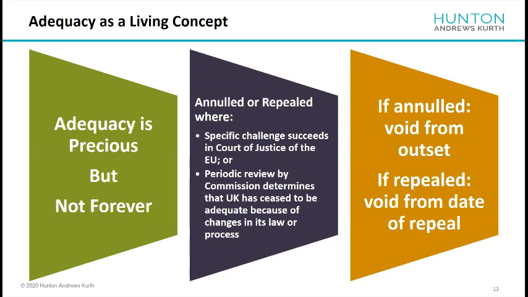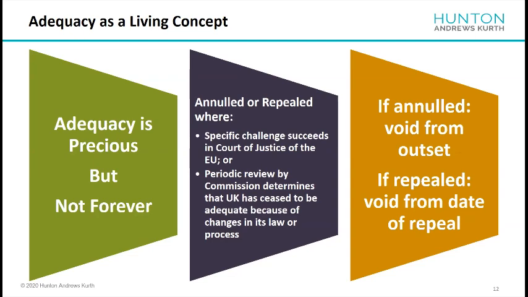And the last point I've made is this: what's the difference between it being annulled or repealed? Well, first of all, the CJEU can actually annul a decision of the Commission. And that might mean it could be determined to be void from its outset.